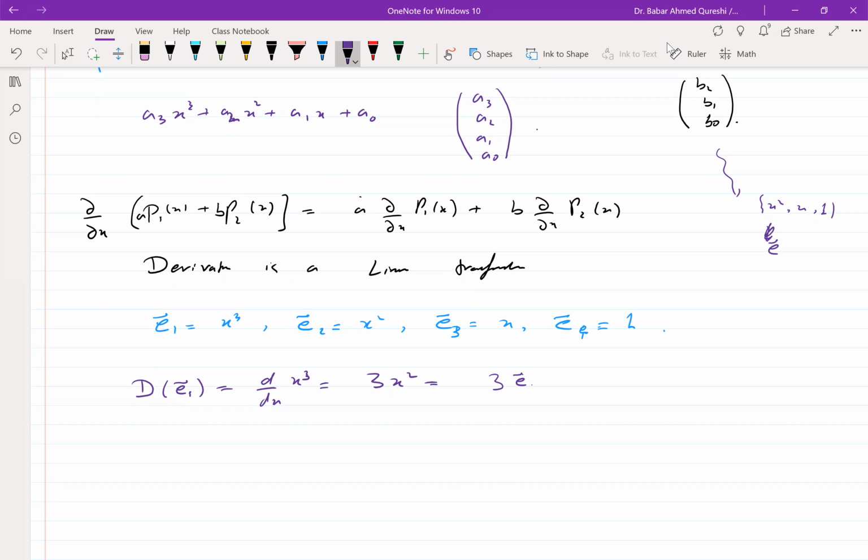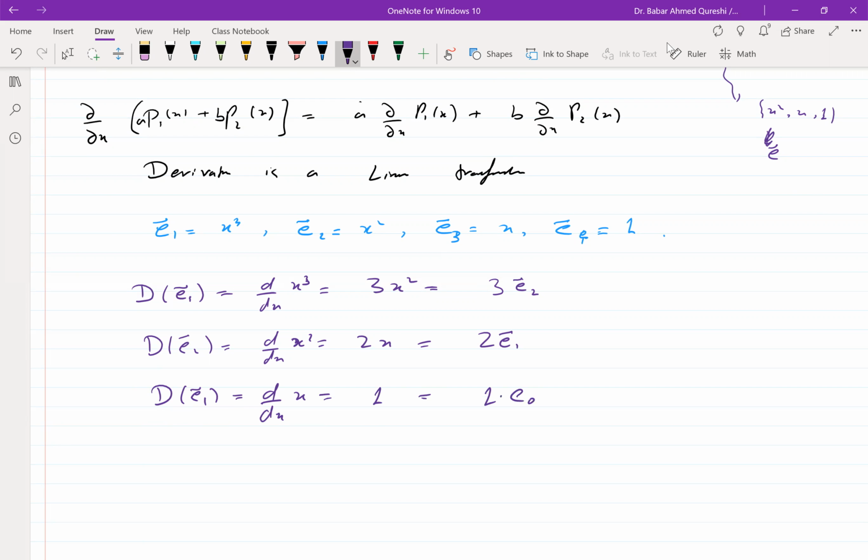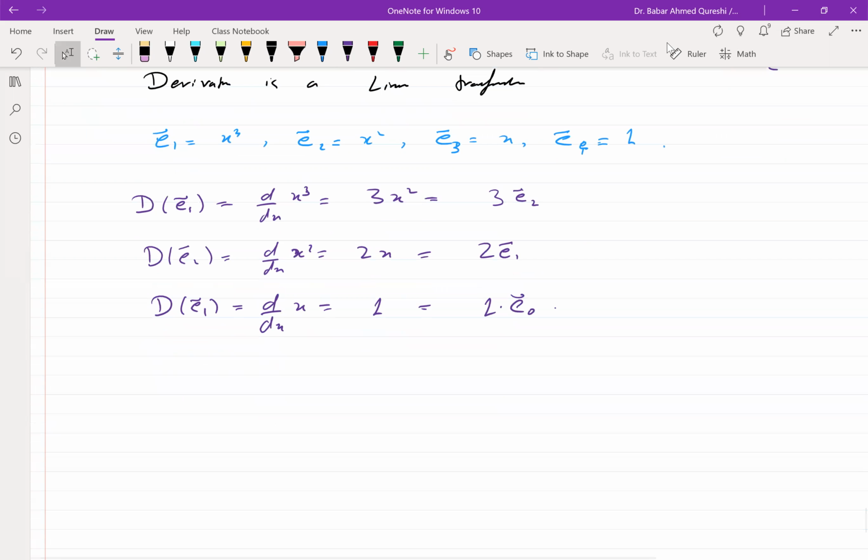So it's 3 E2. D of E2, x squared, gives 2x, so it's 2 E1. D of E1 is d by dx of x, which is just 1, so 1 E0. And D of E0, the derivative of 1, is just the 0 vector.